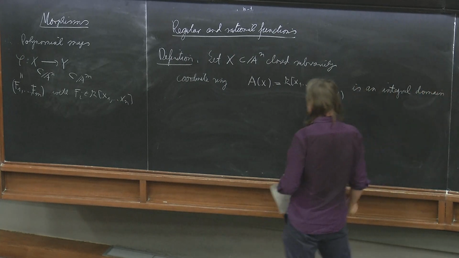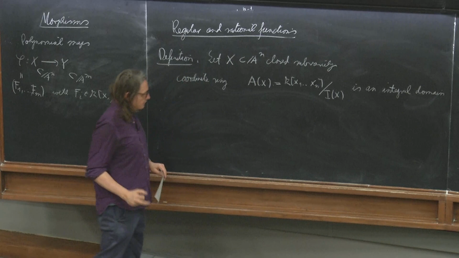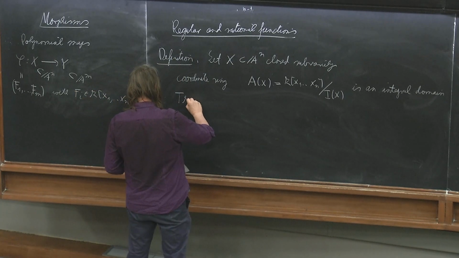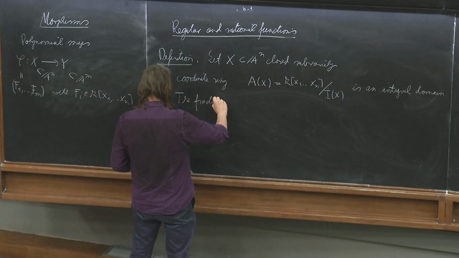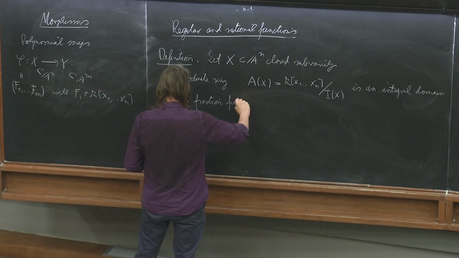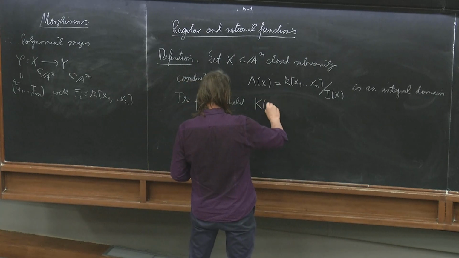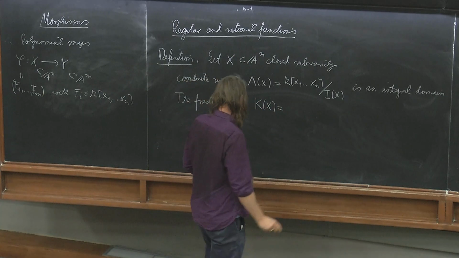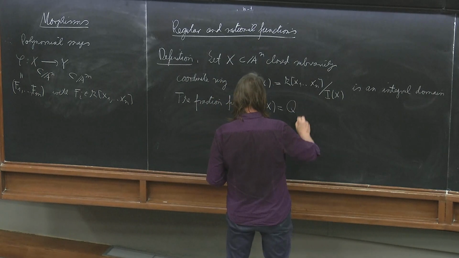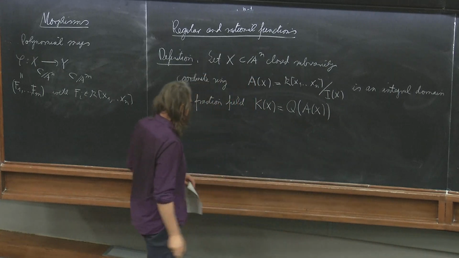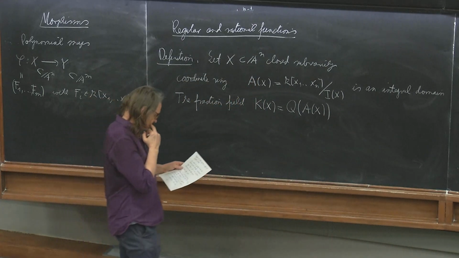We have seen that for an integral domain, you can form the field of fractions. So the fraction field, which I denoted K(X), the field of fractions of A(X), I already defined that.